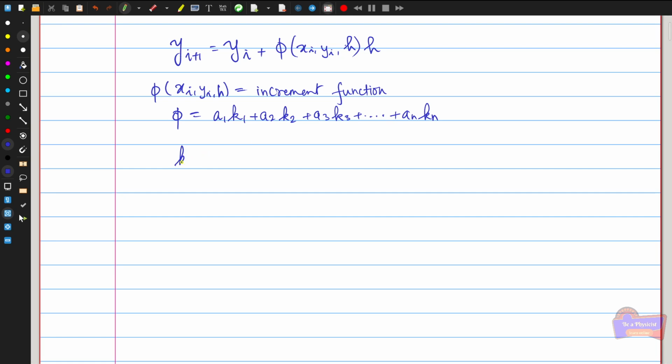I can write k1 is equal to f of xi comma yi. That is the slope of the corresponding differential equation which we are using.